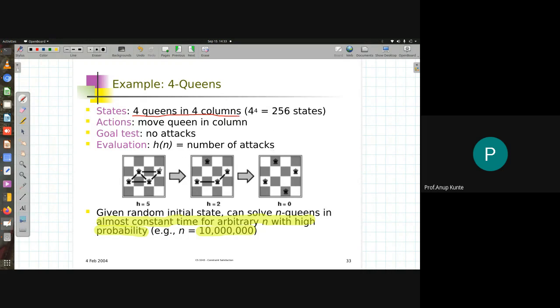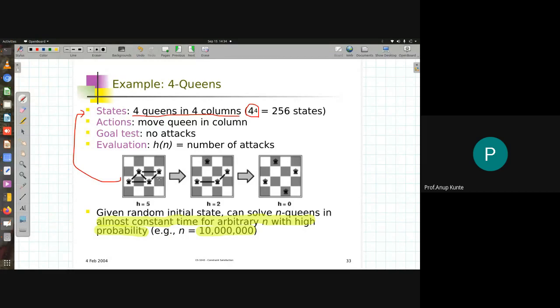Some of these 256 states will not be solutions to our problem, because the queens may attack each other in that particular scenario. For this instance, this is a correct state with respect to the state definition. 4 queens are in 4 different columns, no 2 queens in the same column, so it's a valid state by the definition.